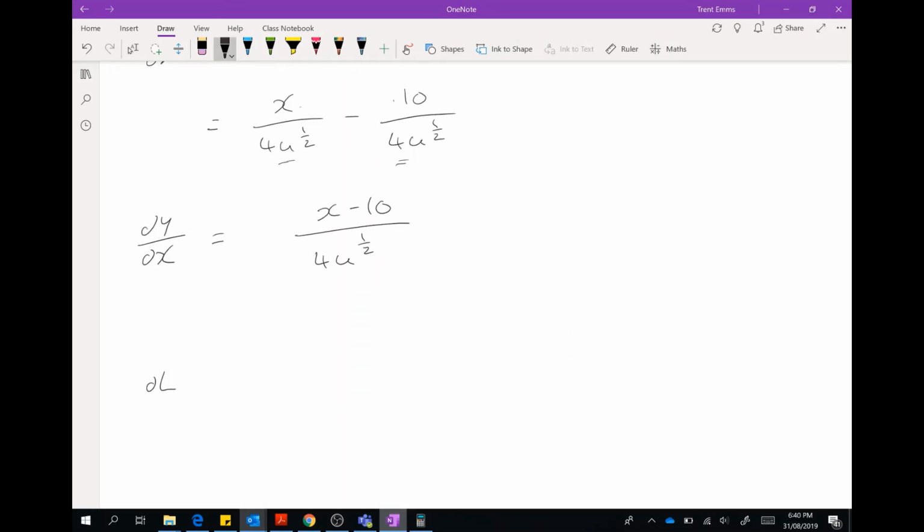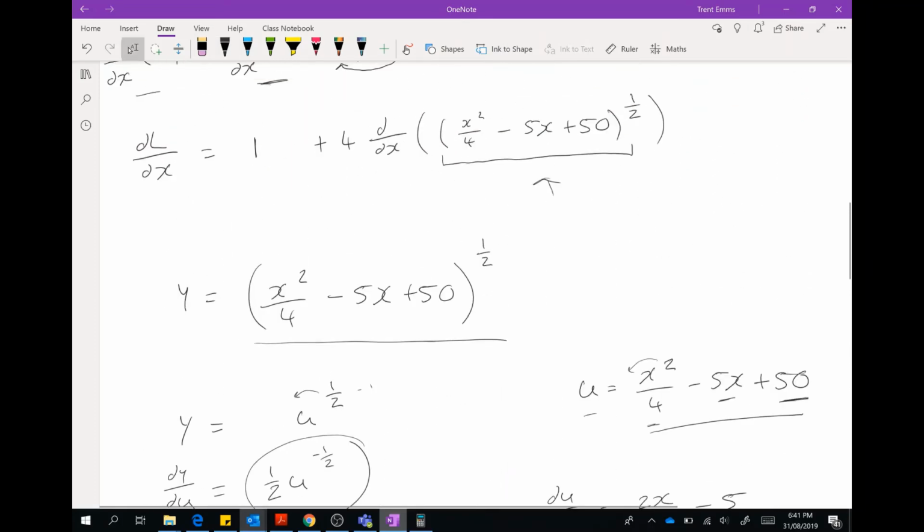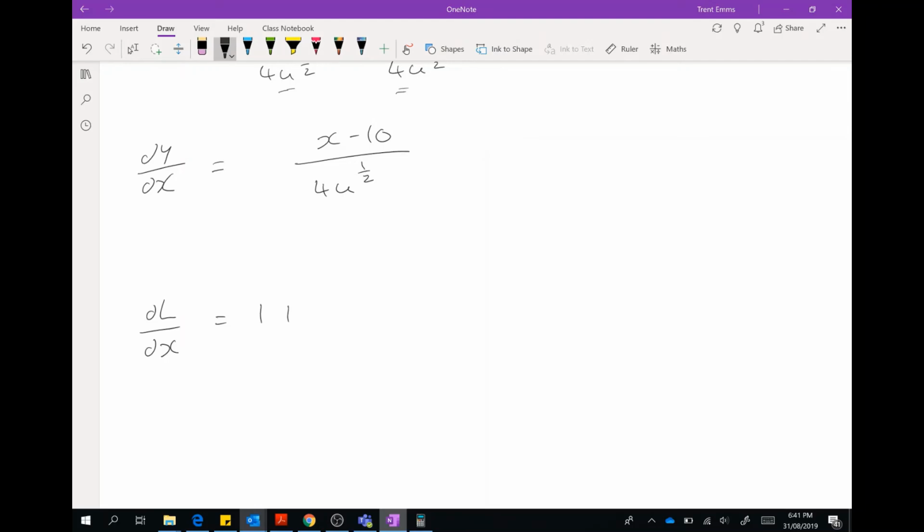which gives us dl by dx equals, and dl by dx is the derivative of the length of the y, which we were doing from the start. So dl by dx is all this stuff here. So we're going to have 1 plus 4 multiplied by the derivative that we just found, and that was x minus 10 over 4u to the power of a half.